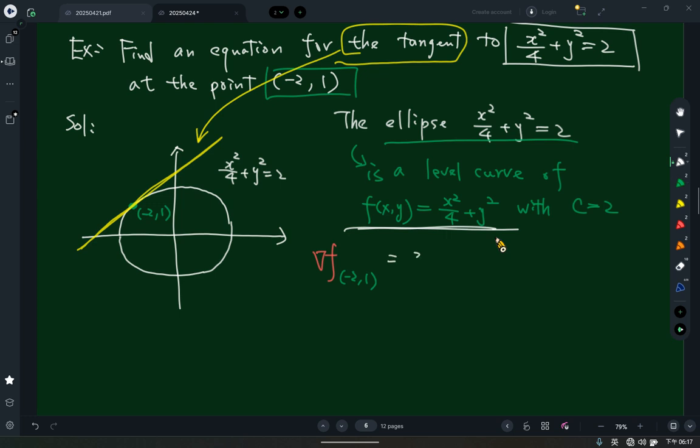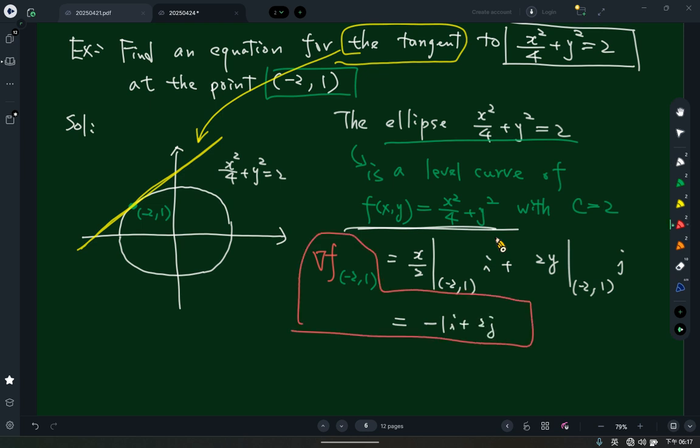We get x over 2 when the point is -2, 1, i plus 2y when the point is -2, 1, j. So we get -1 i plus 2j. So this is the gradient vector, right? The gradient vector is -1, 2.